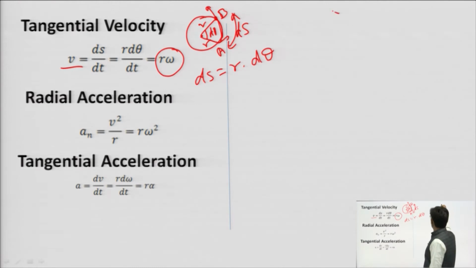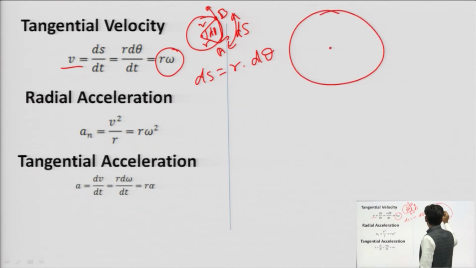It means that since r is constant, omega is variable.